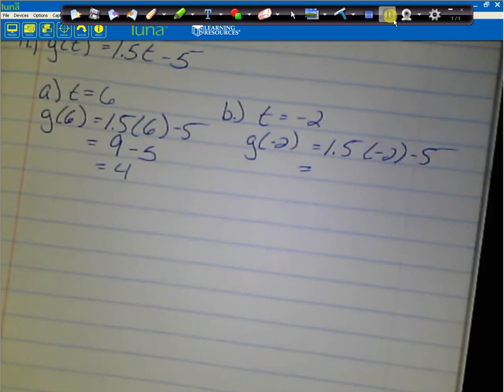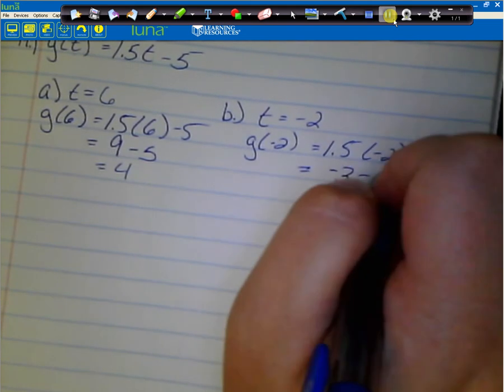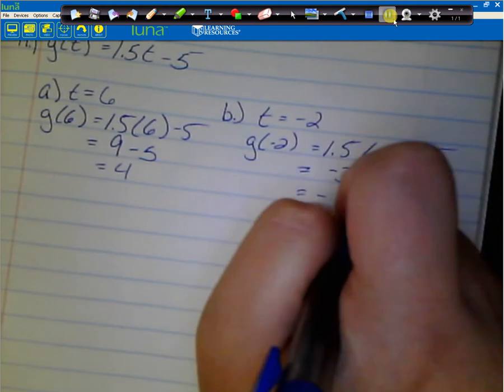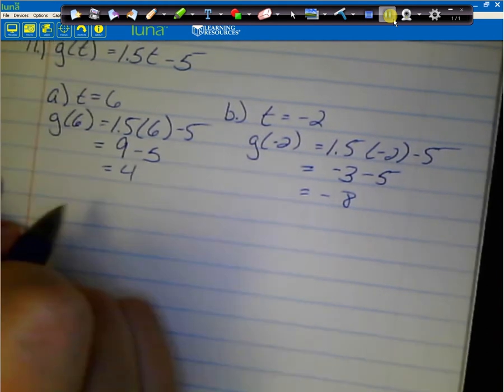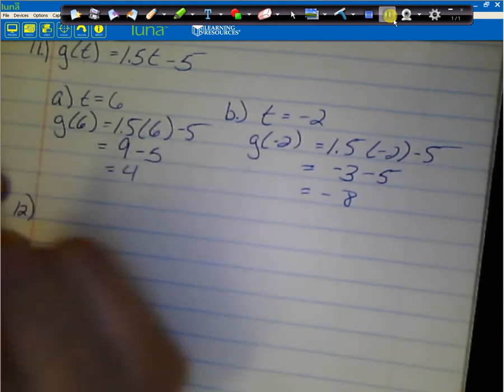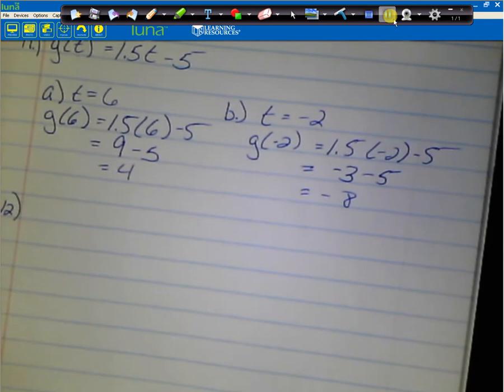Then I'm going to multiply 1.5 times negative 2, and that gives me negative 3. Minus 5 gives me negative 8. So function g evaluated at negative 2 will give me negative 8. Go ahead and take a minute and make sure you have all that written down before you move on.